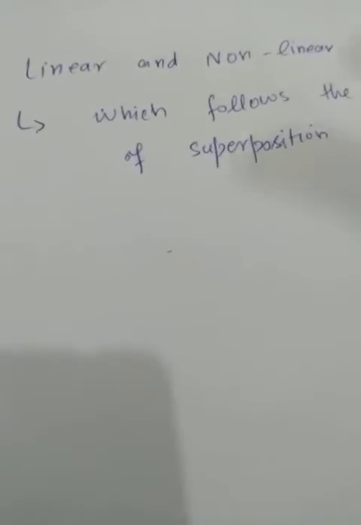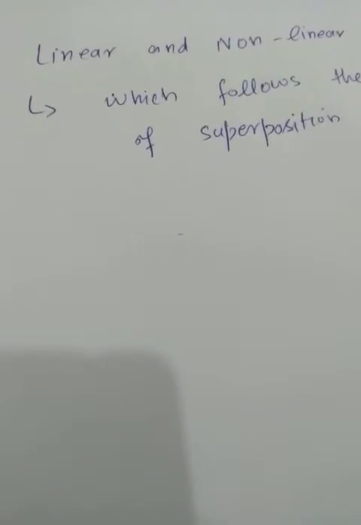First of all, I am going to tell you about linear system analysis. This video will be in two parts, and the next part will be uploaded soon. We discussed that a linear system is one which follows the principle of superposition.